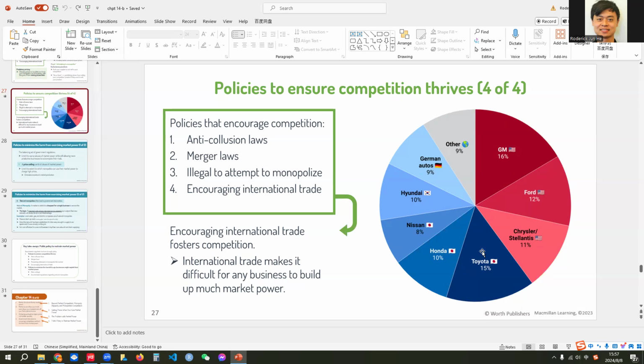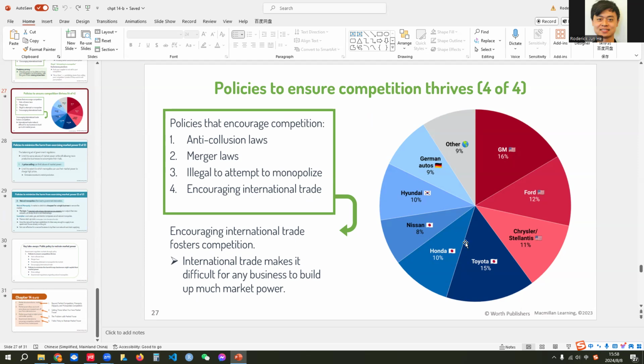Those are typical firms that produce world-renowned cars at affordable price with high quality. And in order to compete with them, if we open the border, GM and Ford have to consider their pricing strategy. They can't price as high as they want, and they also have to do their quality enhancement so that they don't lose their consumers to Honda and Toyota.